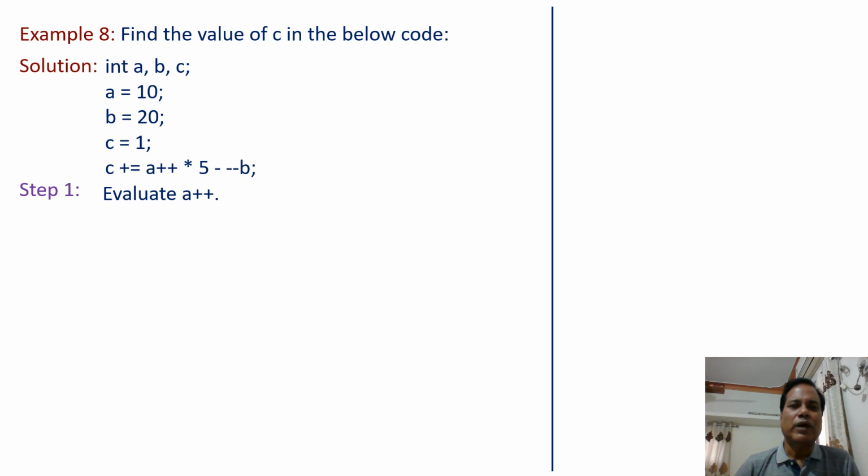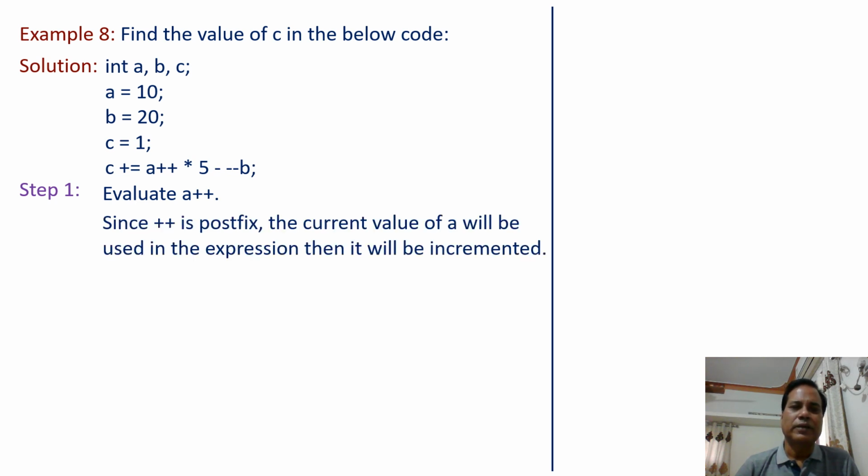The current value of a is 10. So this is used in the expression, and now c += 10 * ... so a++ is evaluated. In a++ we write 10 here, because the current value is what is used in the expression in case of the post-increment operator.